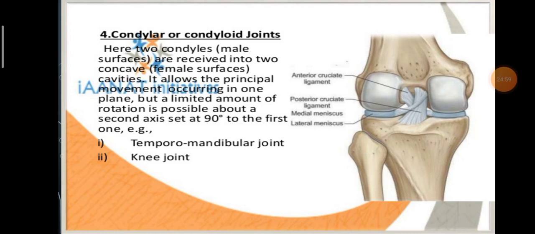And regarding the condylar joint, which comes under biaxial joint, the movements occur in two planes or two axes. These are actually modified hinge joints where not only flexion and extension take place around a transverse axis, but slight rotation also takes place around the vertical axis.